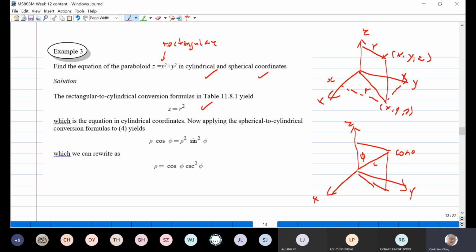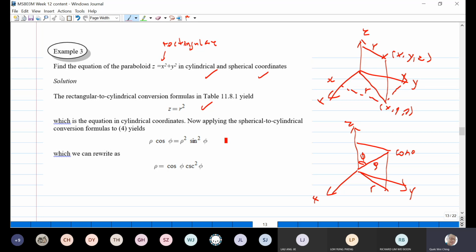This is rho here, and if you draw it like cylindrical coordinates, you copy this r here. So r squared is equal to x squared plus y squared, right?